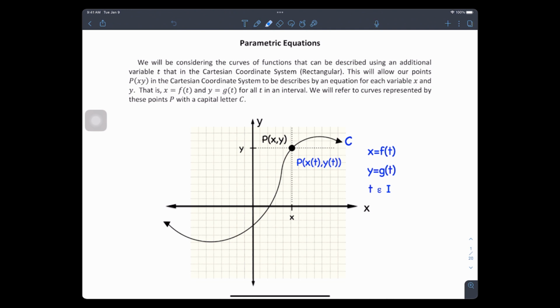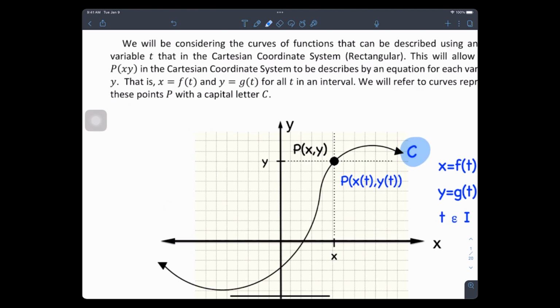So now we're going to introduce another way of drawing curves. And what you see here is the letter C for curve. Okay, so we kind of call that C. So you'll see parametric equations in Calculus 2 in terms of two variables, really, the x variable and the y variable. And here's all you really do.